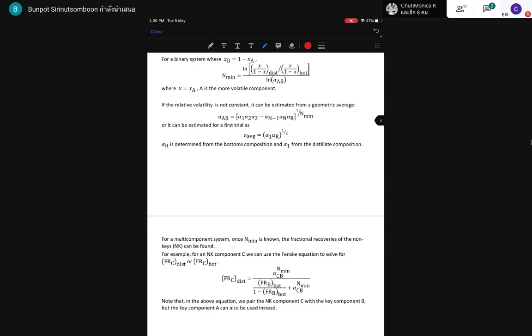And once you know the minimum number of stages, you can rearrange the Fenske equation to solve for the fractional recovery of other non-keys. For example, in this column they have compound C as a non-key. So after you calculate and get the minimum number of stages, then you rearrange the Fenske equation into this form right here, and then you can solve for fractional recovery.